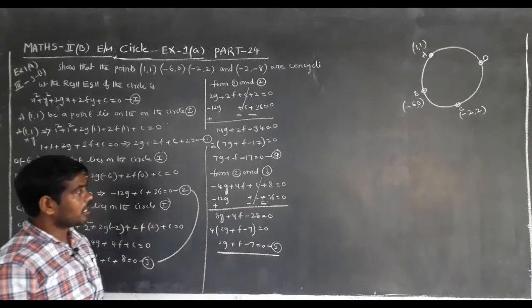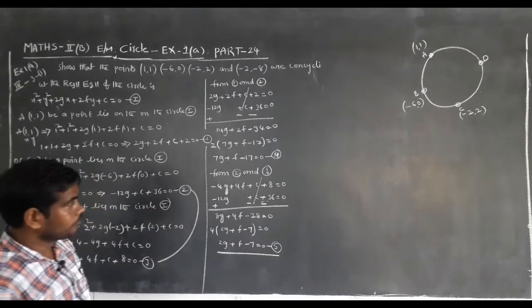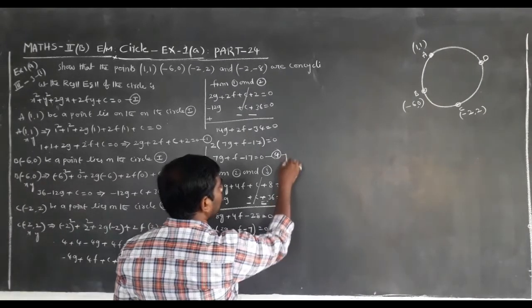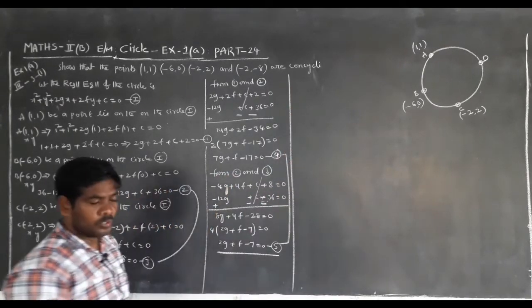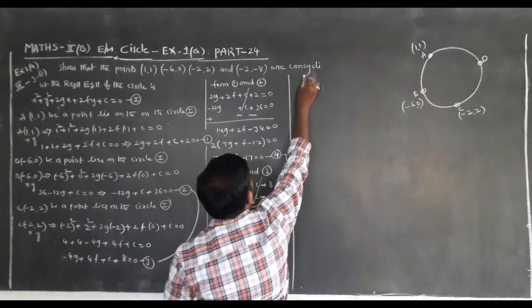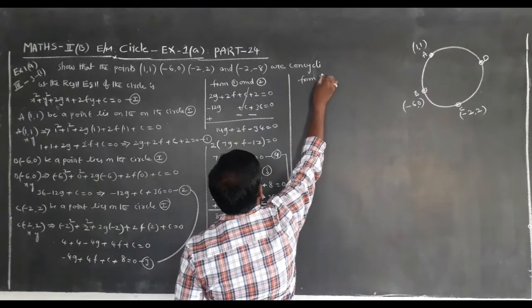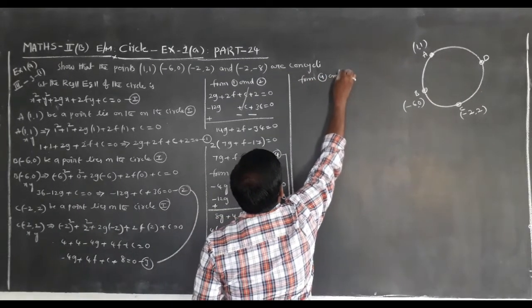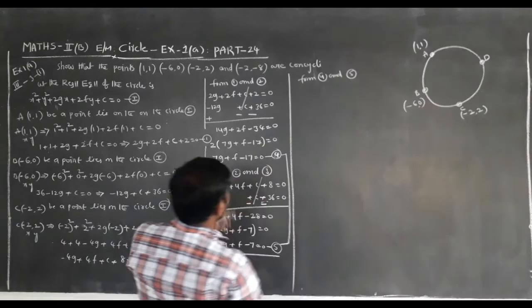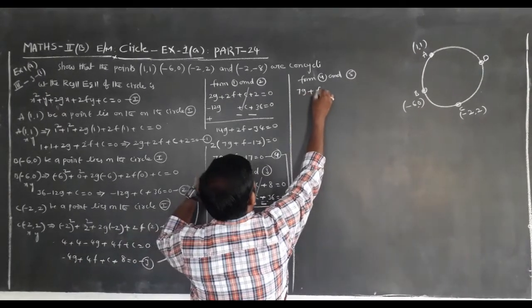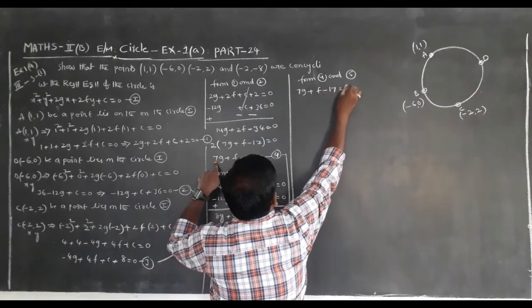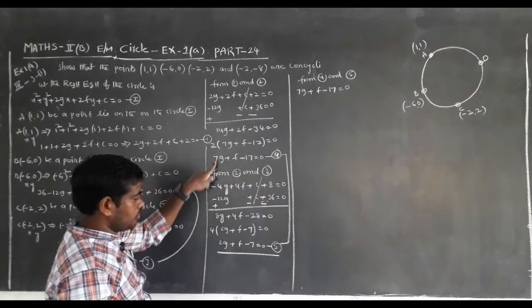This is the condition number 5. Again solve 4 and 5. Fourth one is 7g plus f minus 17 is equal to 0.